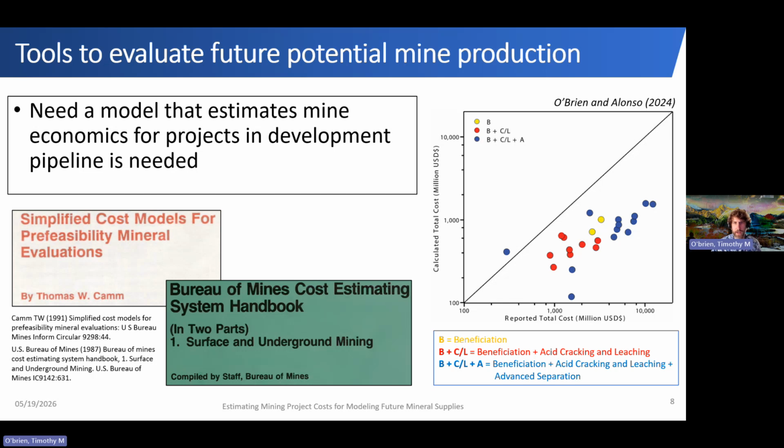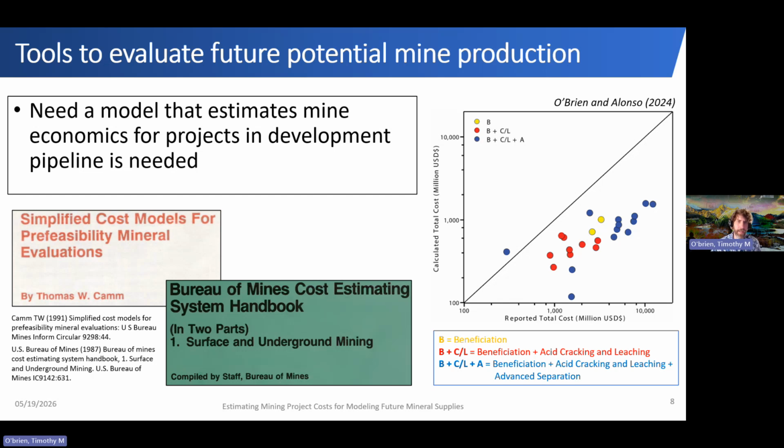What we see here is that no matter the type of mineral processing flow, all these projects plot to the right of that one-to-one line, indicating that the reported costs for these projects are much higher than those obtained from the Camp model, and so the calculated costs were significantly undervalued.